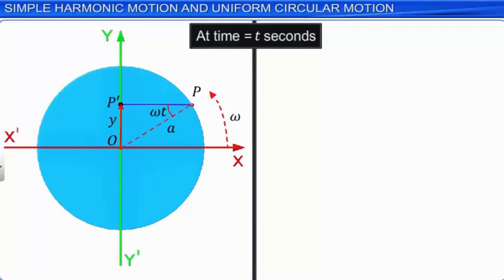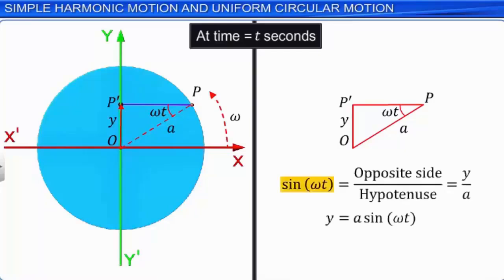Sine of the angle ωt is the ratio of opposite side, which is the displacement of the projection P', that is, OP', represented as y, to the position vector of the particle OP, whose magnitude is equivalent to the radius A of the reference circle. Thus, we get y = A sin ωt.